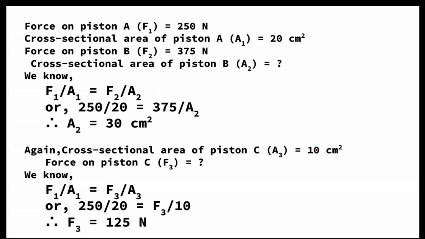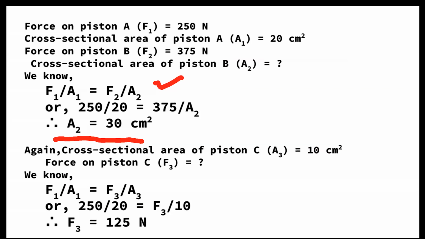By using the formula F1 upon A1 equals F2 upon A2 and putting in the respective values, finally we got the area of piston B equal to 30 centimeter square. This is a very easy problem, an easy numerical.